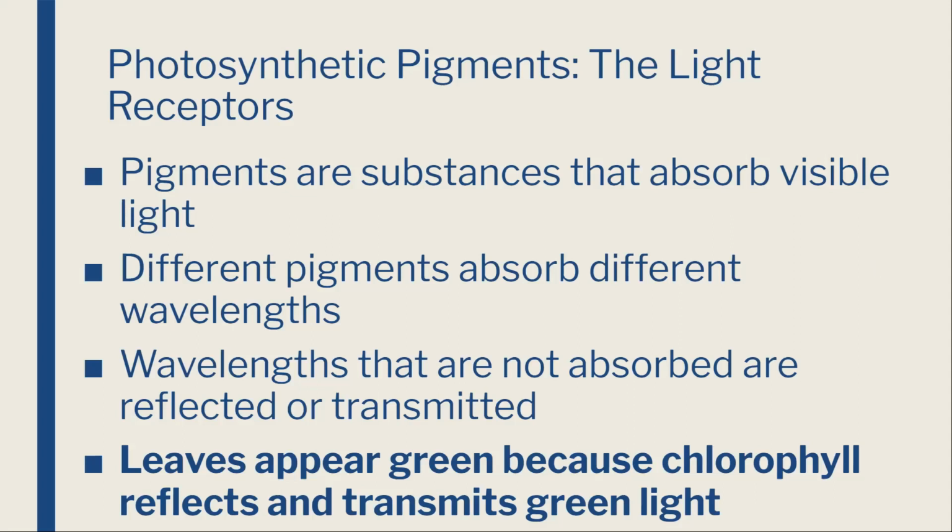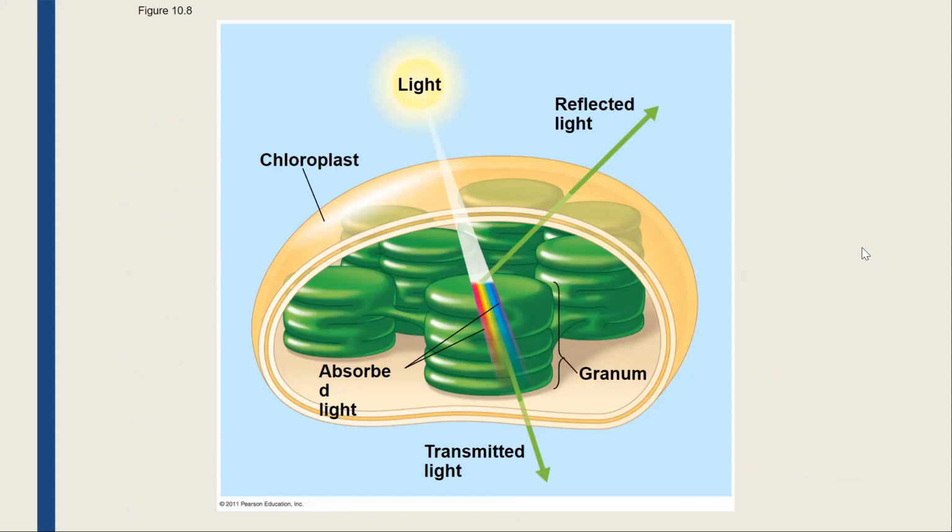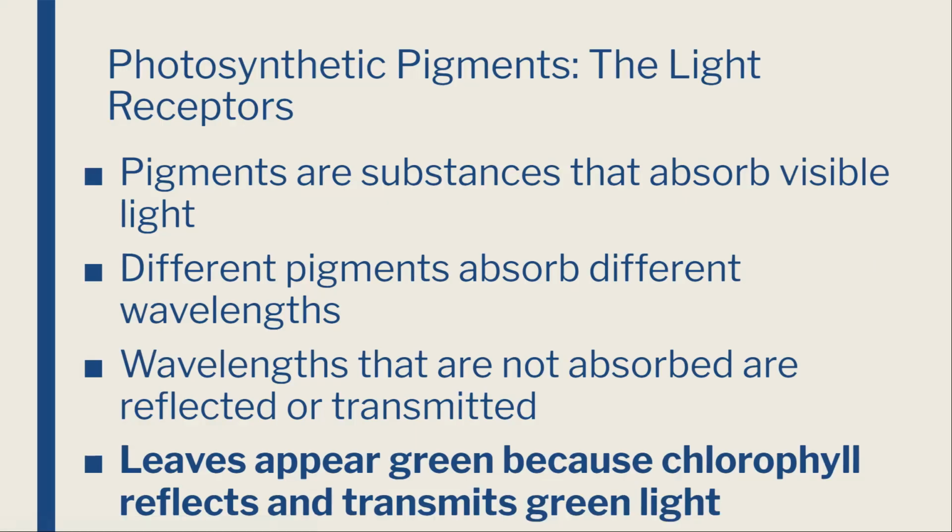The reason why leaves look green is because they're not using the green wavelengths of light. And so that's what's being reflected back or transmitted through the chloroplasts. And so we see that because that's what's being reflected back and hitting our eyes, and it's making the leaves look green. So plants don't use the green wavelength of light, and that is why they look green.